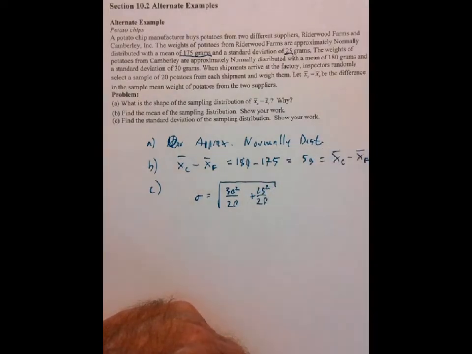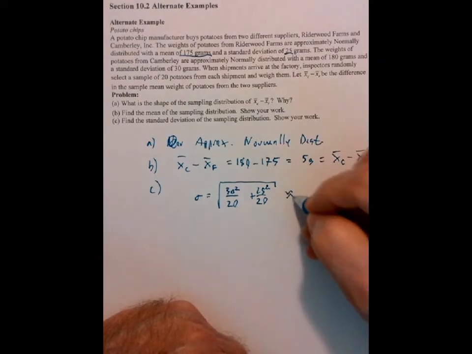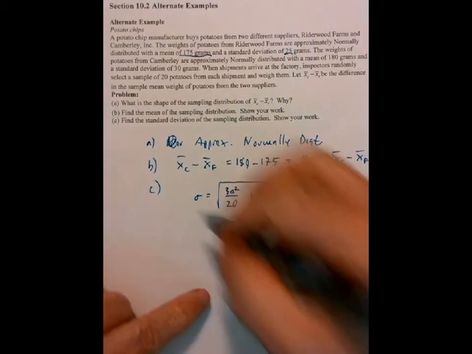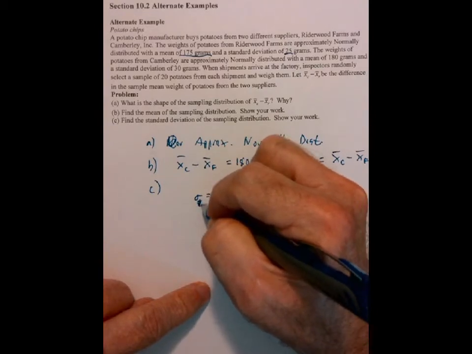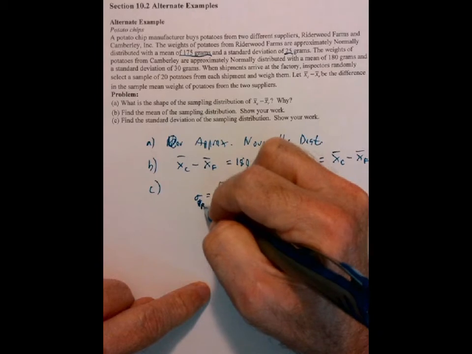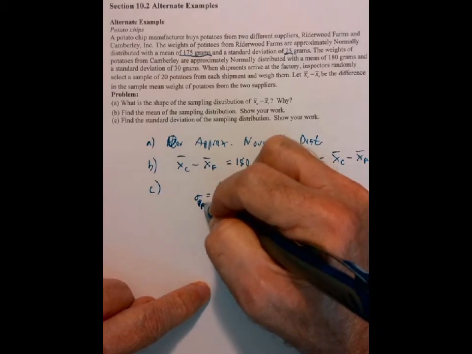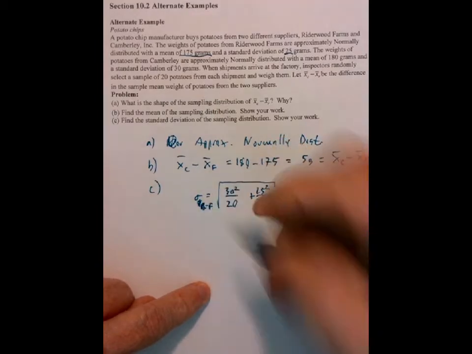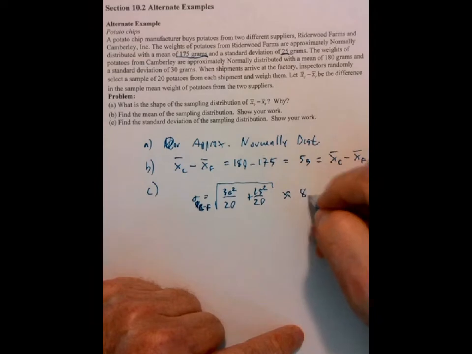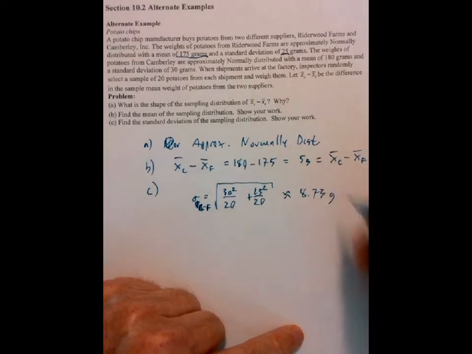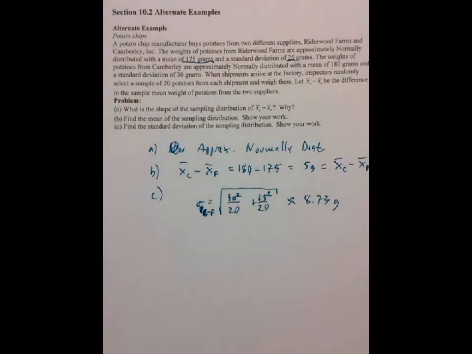They're both sample size 20, right? And that would be sigma of X bar Camberley minus X bar Riderwood Farms, right? And that turns out to be 8.73 grams, just about. You should try that yourself, okay?